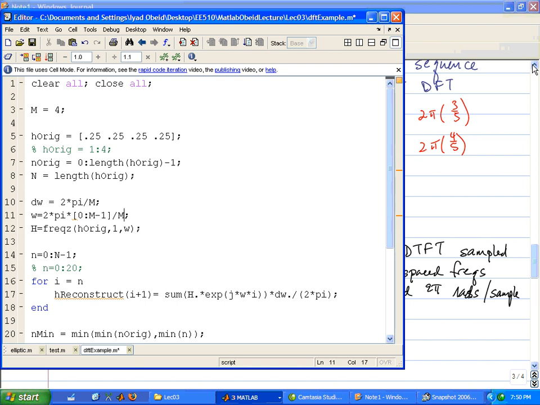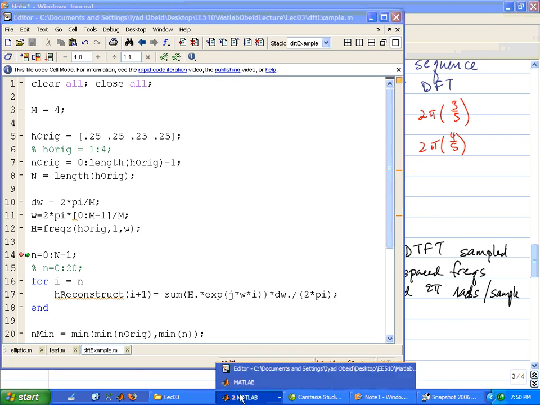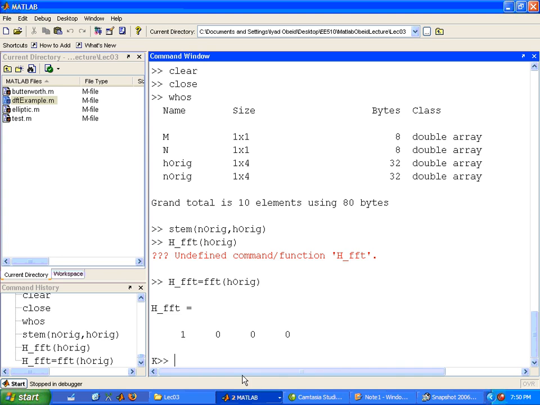Okay, for now I'm just taking freqz and evaluating it at those same frequencies that we talked about: 2 pi and then 0, 1, 2, and 3. So at this point, I'm just going to evaluate the DFT.